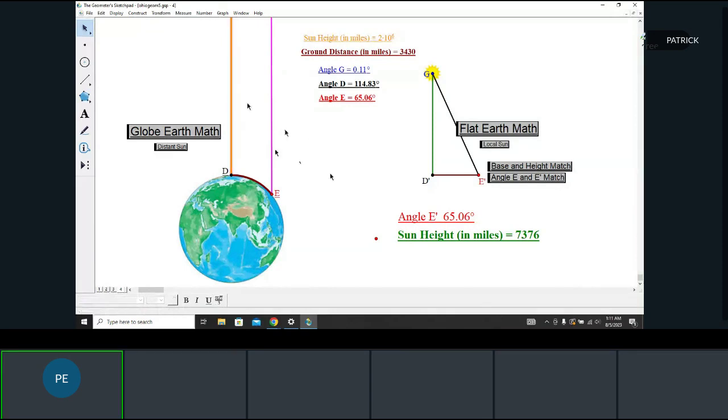We can see the math just is not working on the globe. It's a little wonky here. Even the shape's a little wonky.